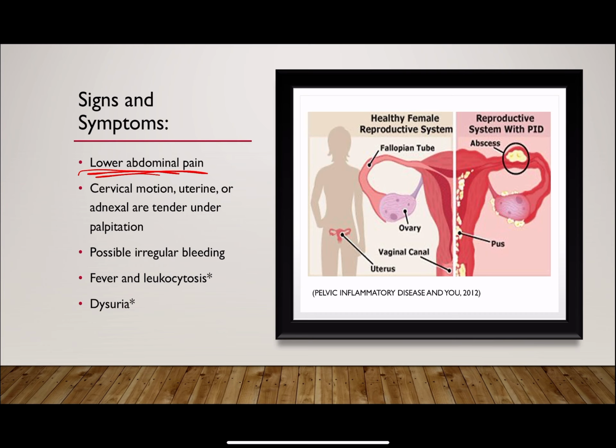These are very likely symptoms. The infection can also spread into the urinary system, which would then lead to dysuria, a symptom of urinary system infection. Fever and leukocytosis are also two big red flags in response to the infection.